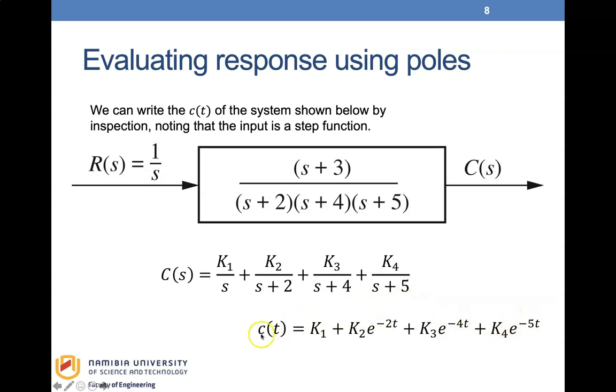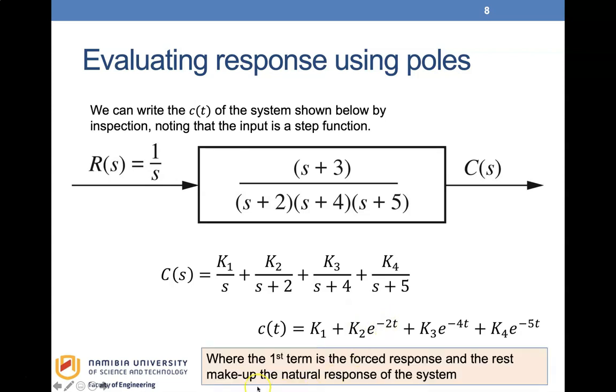So this will be the form of the response of the system that we have in this block diagram. Just by inspection, we can compute this. The first term is the forced response, which is coming from the input, and the rest of the terms make up the natural response of the system.